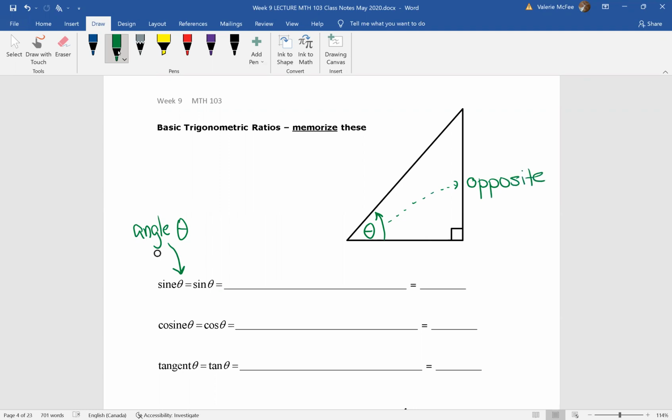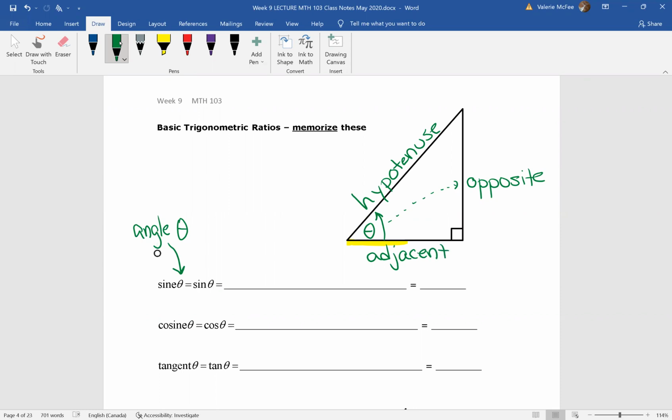Now I have two sides. They're each touching our angle. They're each adjacent to our angle. However, we know that the longest side is always called the hypotenuse. And that means that here we have the adjacent side.